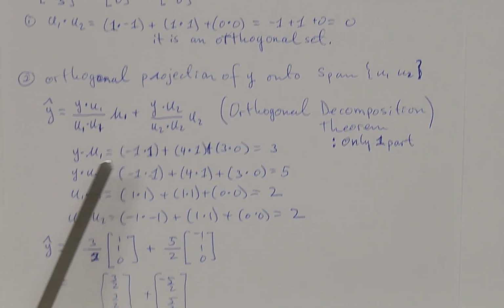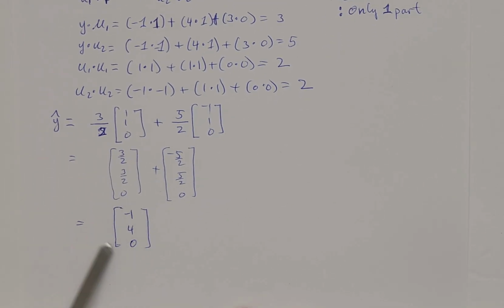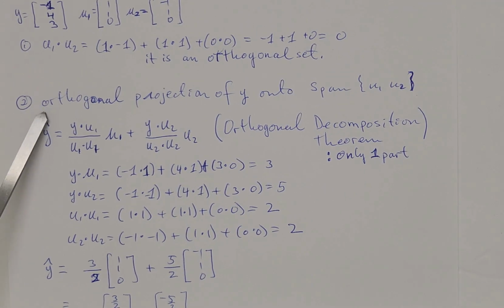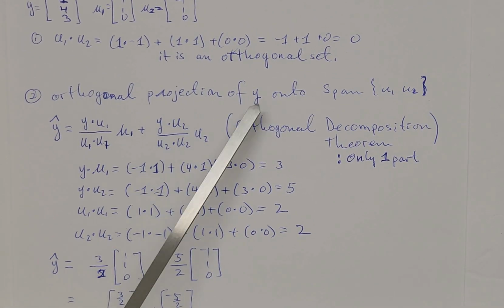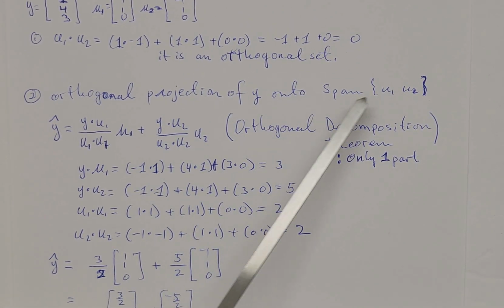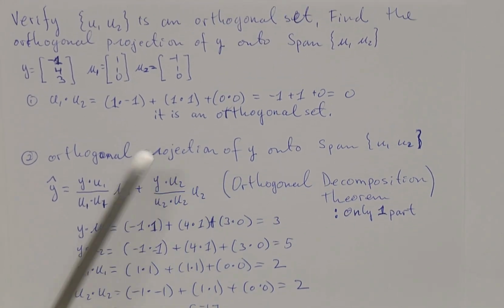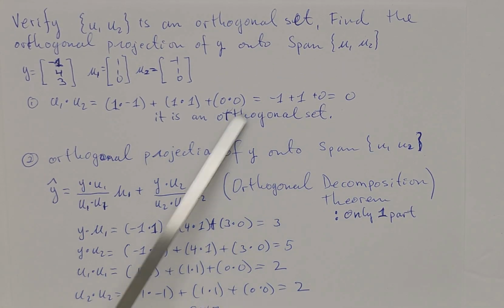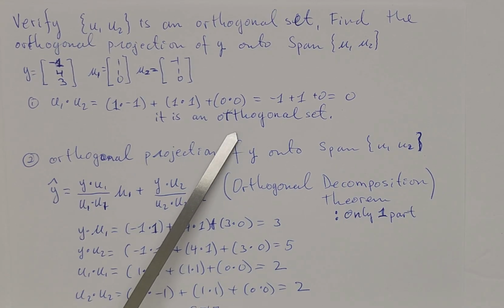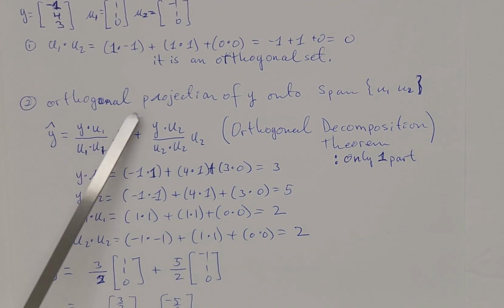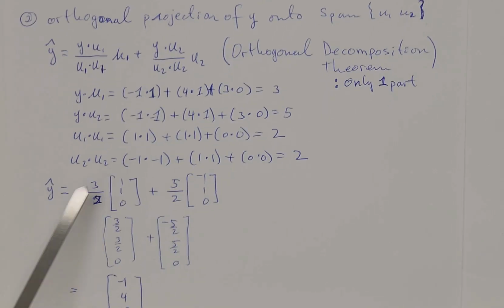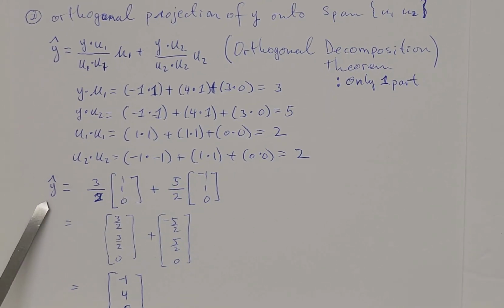Okay, so one more time. This answer is y hat. Y hat is the orthogonal projection of y onto span u1, u2. So in this example, you have to find the orthogonal set. After that, find the orthogonal projection, which is this y hat right here.